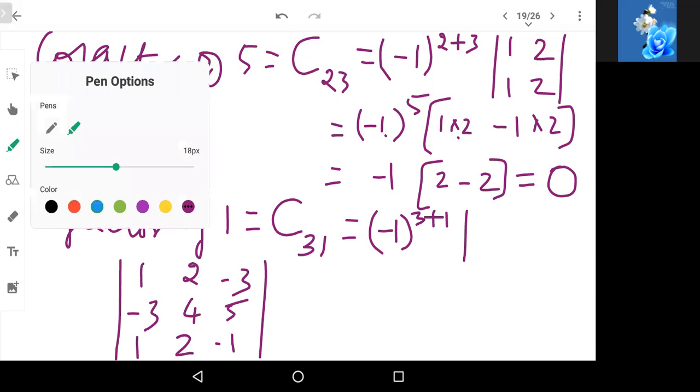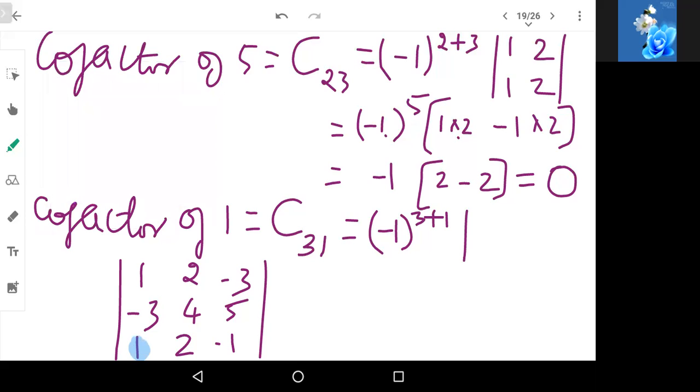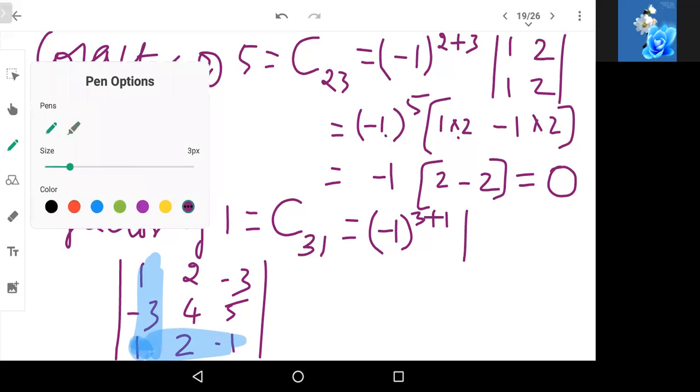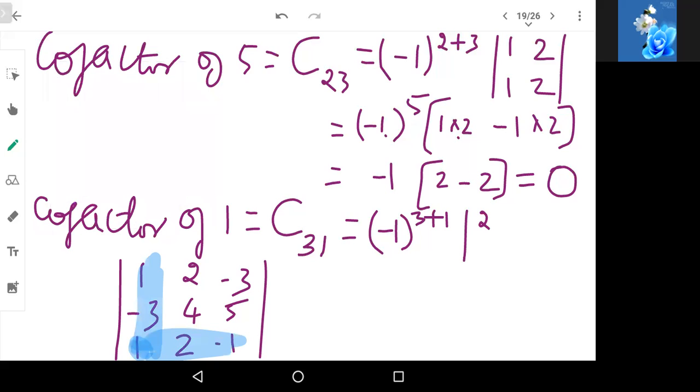Okay, so here we are finding for this. So first column and the third row will go away. And what is remaining? 2, minus 3, 4, and 5.